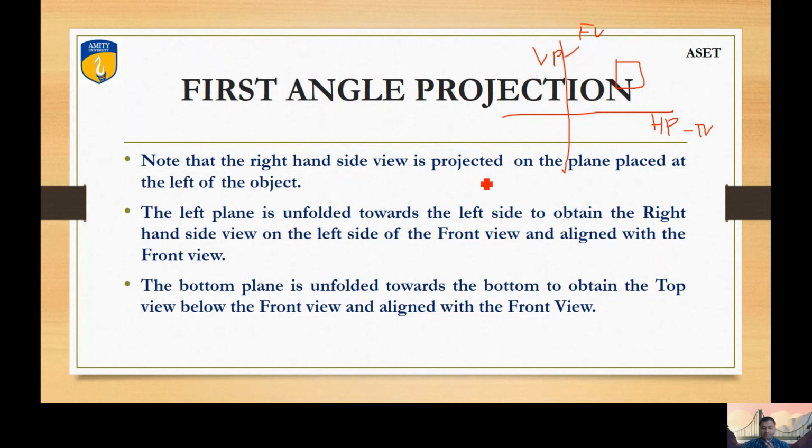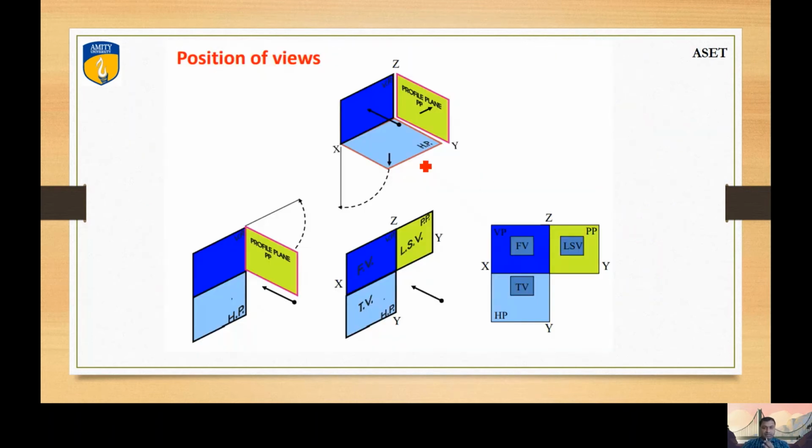Now what is going to happen in the first angle? See here. This is my first angle and this is my object. This is my HP, this is my VP, and this is the profile plane. This is just for making you understand how the views are going to be placed.